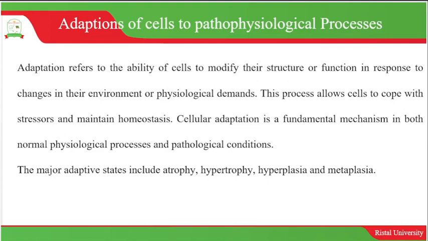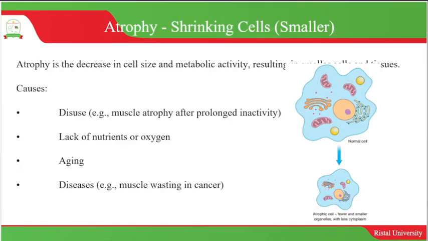So let's look at these adaptations that cells undergo after being exposed to these injuries. One, we are saying atrophy, which is shrinking of cells, and when a cell shrinks, it becomes smaller.